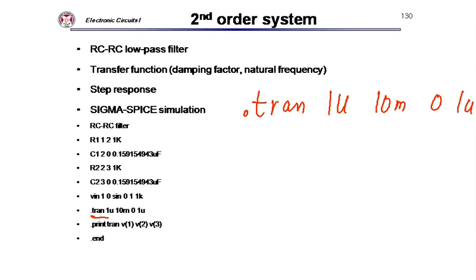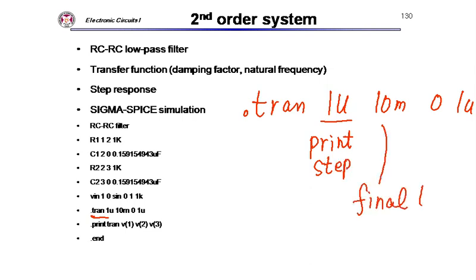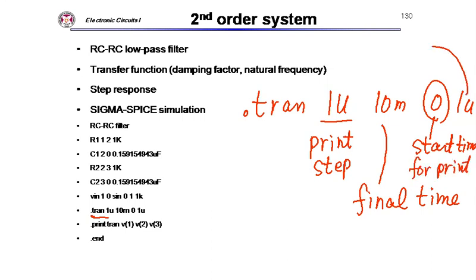This is the print step, this is the final time for the simulation, the ending time. This is the start time for printout, the start time for printing. And this is the max time step, the max internal time step inside SPICE.